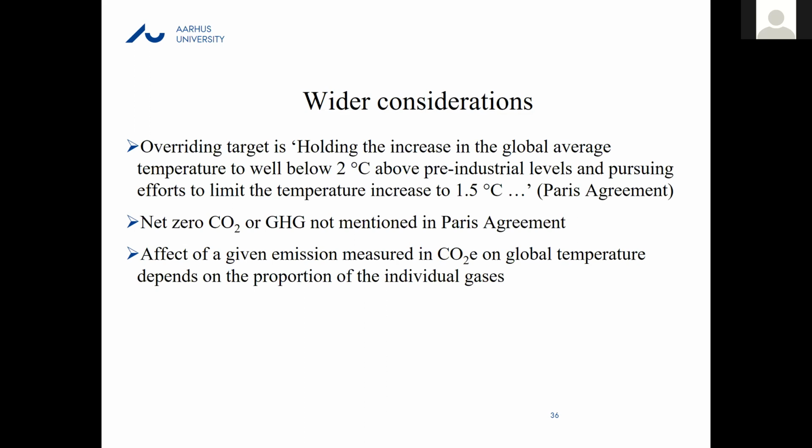As the Climate Commission in Denmark has pointed out, the effect of a given emission measured in CO2 equivalents on global temperature depends on the proportion of the individual greenhouse gases in that calculation. This means that achieving net zero, either in terms of CO2 or greenhouse gas emissions in CO2 equivalents, does not mean that we have complied with the Paris Agreement.